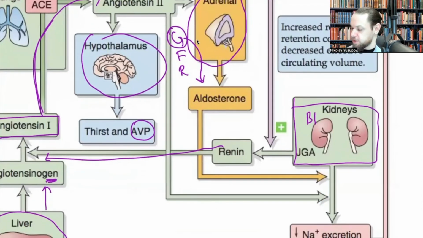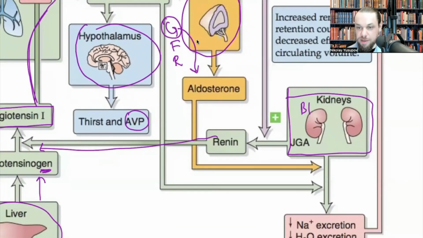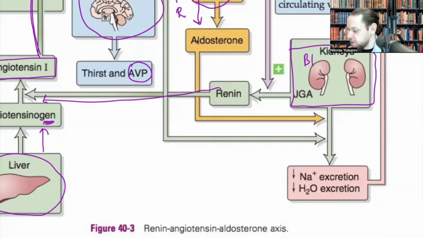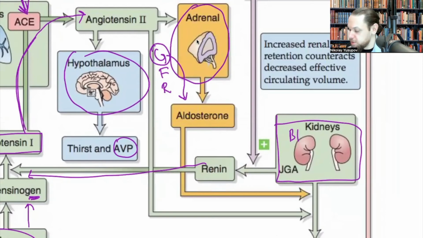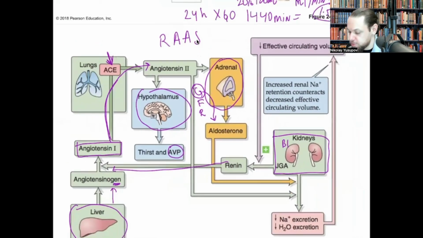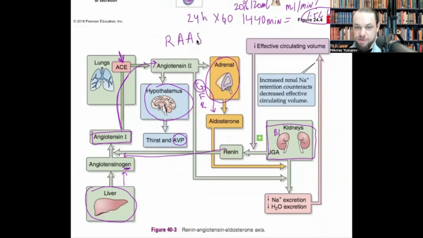So aldosterone is going to work on the principal cell of the nephron, and what it will do is proliferate these sodium channels, so that sodium that's trickling into that part gets reabsorbed. Whatever sodium is reabsorbed, water follows with it. So it will reabsorb salt and water, and hopefully all these effects will increase your blood pressure in the setting of shock.